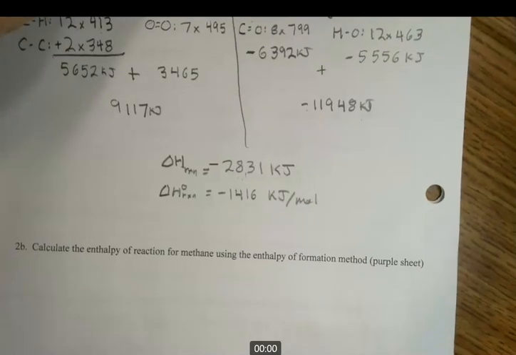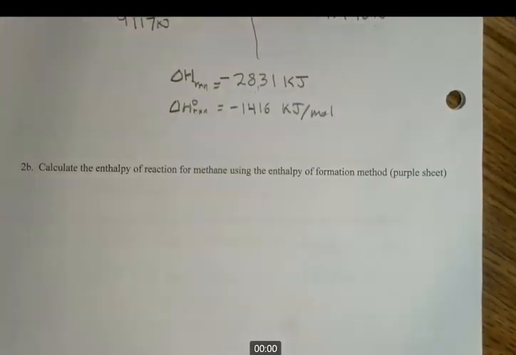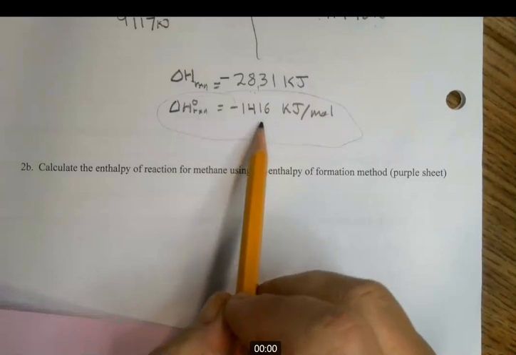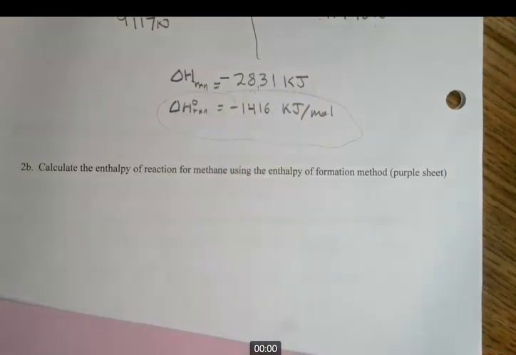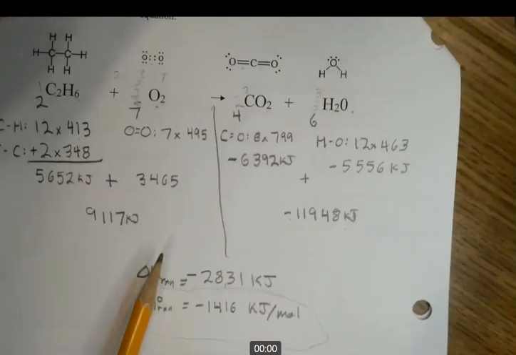All right, let's do the same thing with enthalpies of formation, see what we get. So enthalpies of formation, one of the reasons we did this at the end is because enthalpies of formation are for 1 mole. So what we're going to do is we've got ethane, and you look at your sheet there, and there it is, and it's negative 84.6. Whoops, I'm actually doing this in the wrong direction. So let's go.